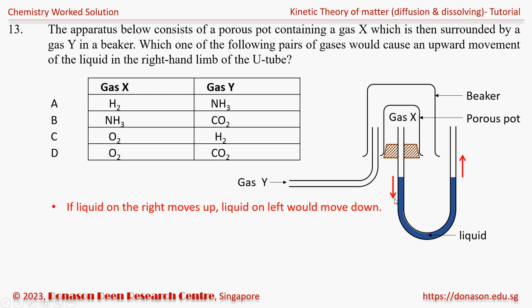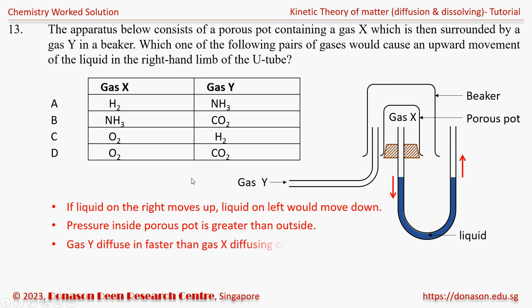If the left hand side liquid is going down, that means the pressure of the gas inside the pot, X, must be greater than the atmospheric pressure. The pressure inside the porous pot is greater than that outside. Only then would the extra gas molecules inside, gas X, cause this water level to drop, because it will push on it, and this side will go up and this side will go down.